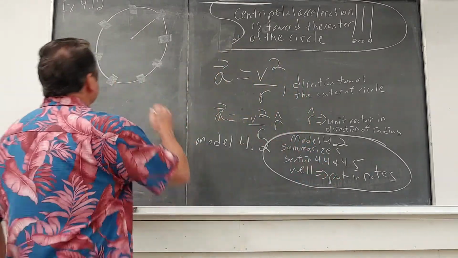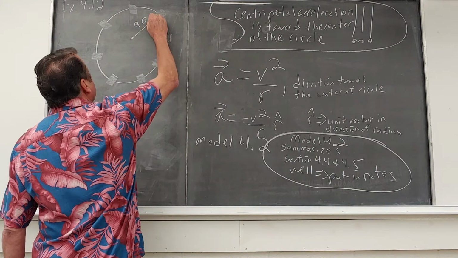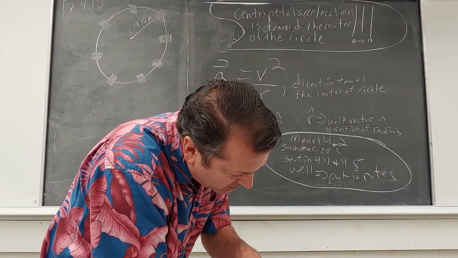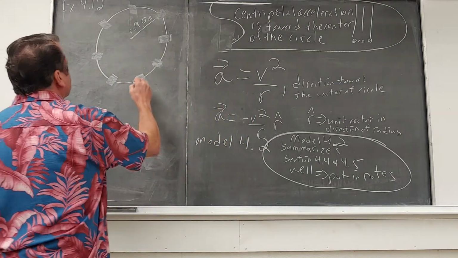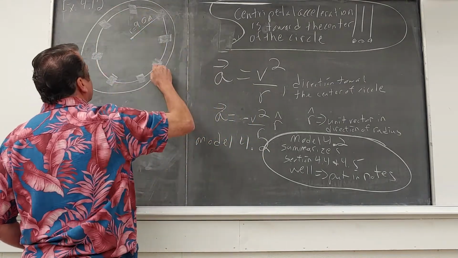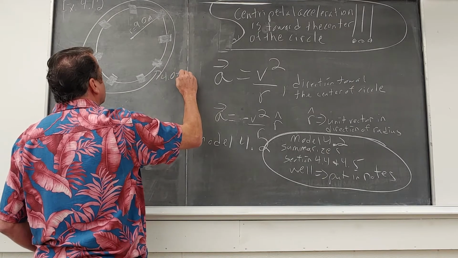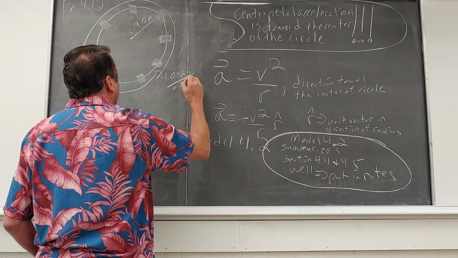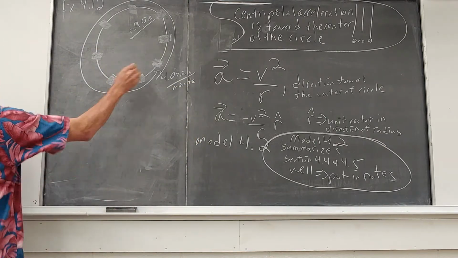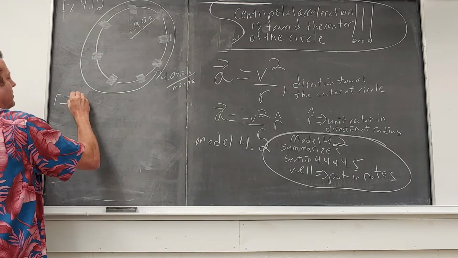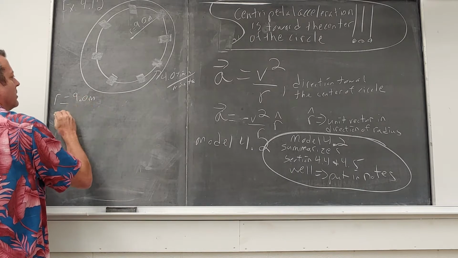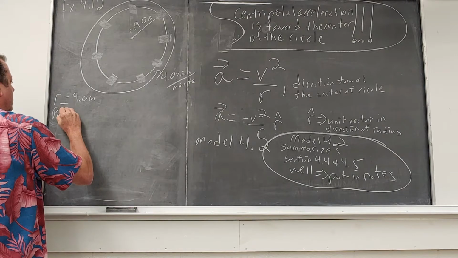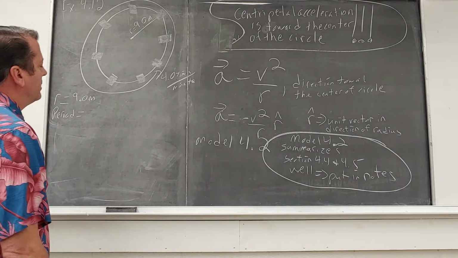So, the radius here is 9.0 meters, and the rotation is about 4.0 times per minute. We want to know, so our radius is 9.0 meters. Our period, well, that's the time around.